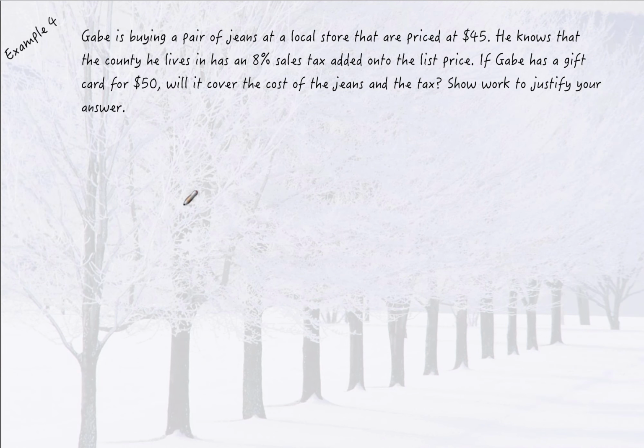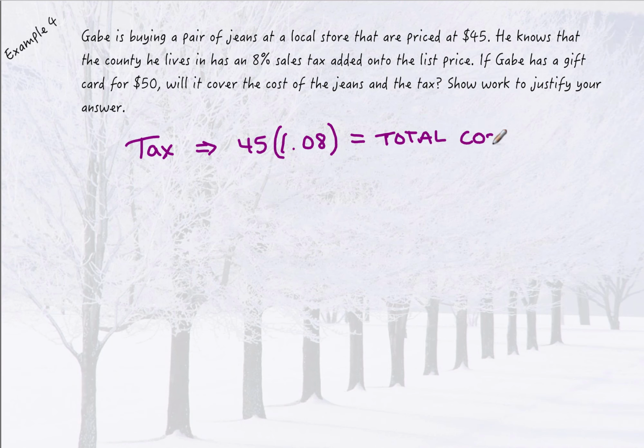There's another way to do this. To do tax, I do a shortcut way. I say it's $45, and then I multiply it by 1.08, and that will get me the total cost. You see, the 1 stands for I have to pay the $45. 1 times 45 is 45.